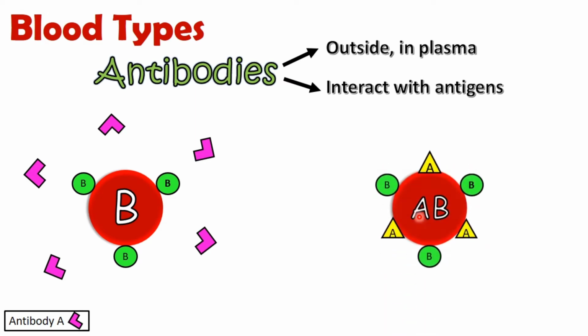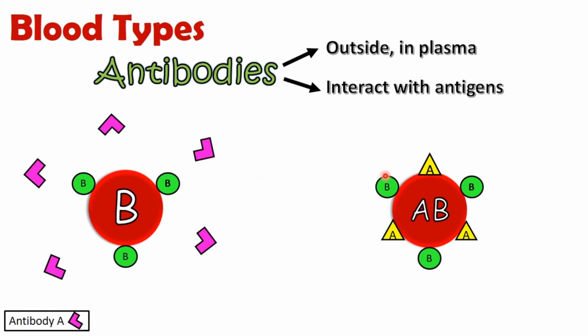But if the person came with both antigens, the A antigen and also the B antigen, it will cause a reaction, in which it can interact with the antibody A, which triggers the immune response towards the antigen A. This is because antibody A means that it doesn't like the antigen A, right?